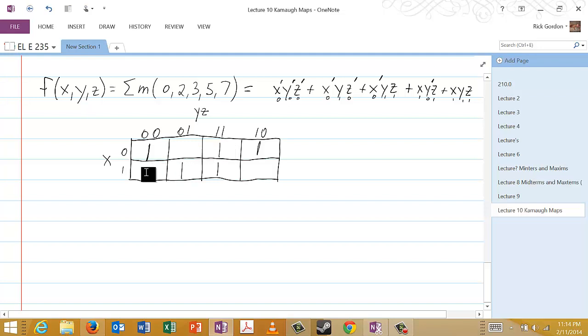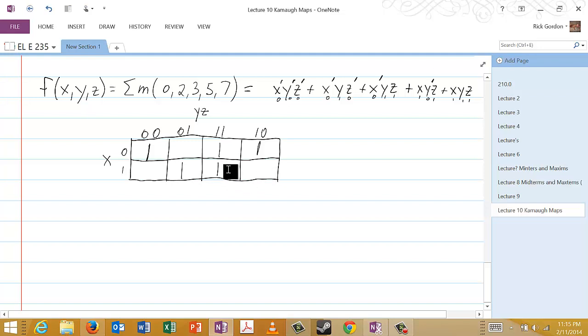Then 4 comes down to here, 1, 0, 0. 5. Skip again, 6. And then come back, 7. So again, 0, 1, 2, 3, 4, 5, 6, 7.